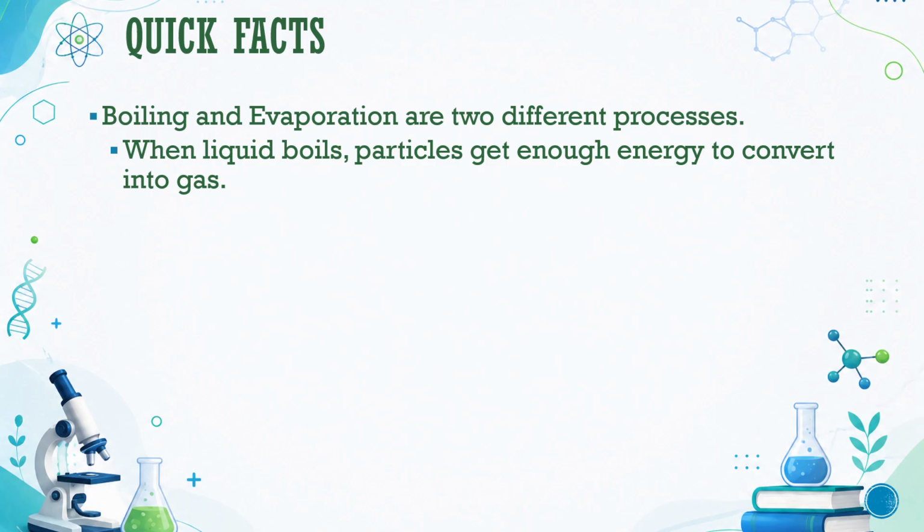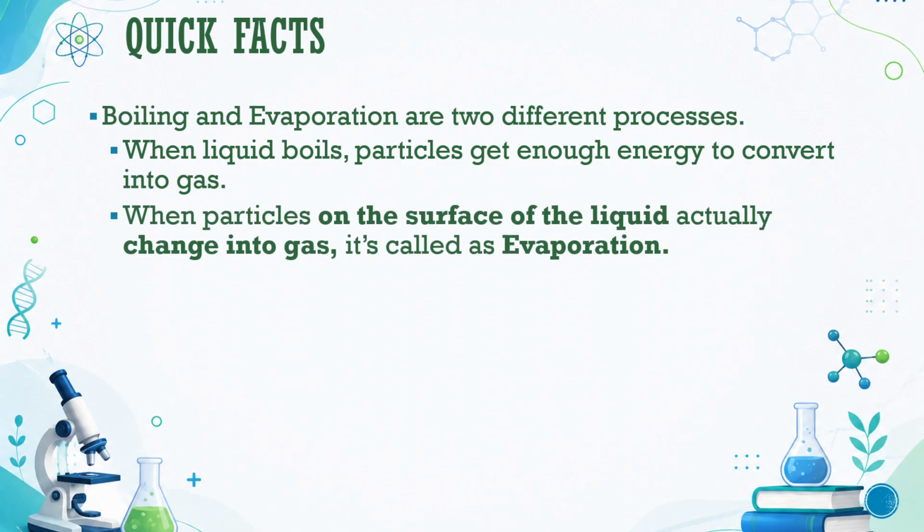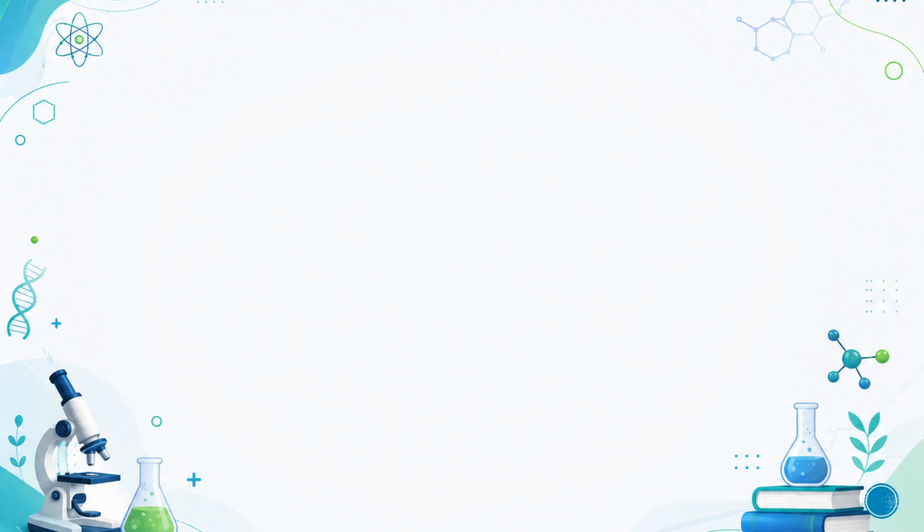So the liquid boils, but only the particles on the surface of the liquid are actually changing into gas, and that is called evaporation. A liquid in its own form, where the particles are heated up towards 100 degrees and make the liquid boil, that is just the boiling but not really the evaporation.